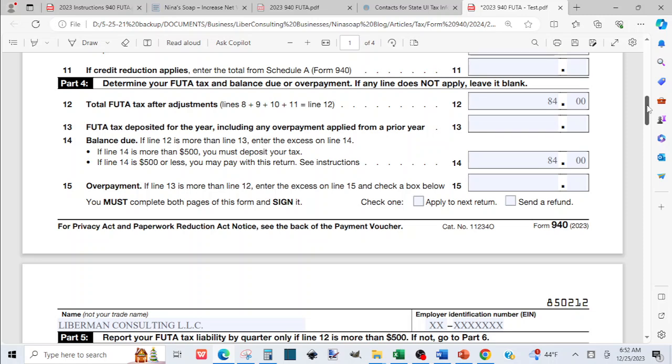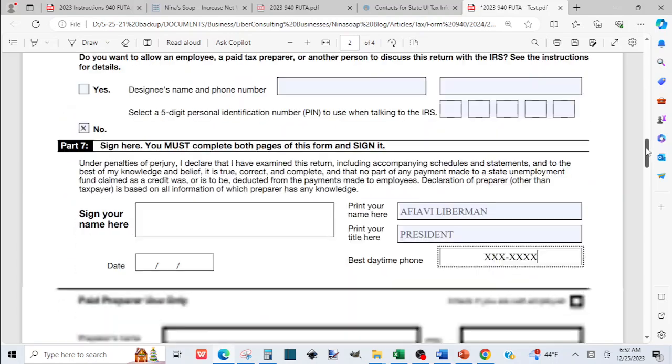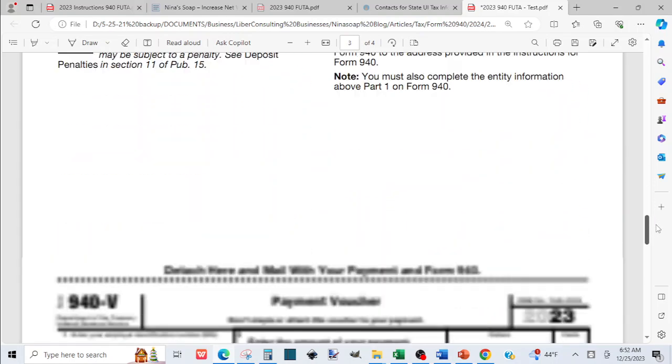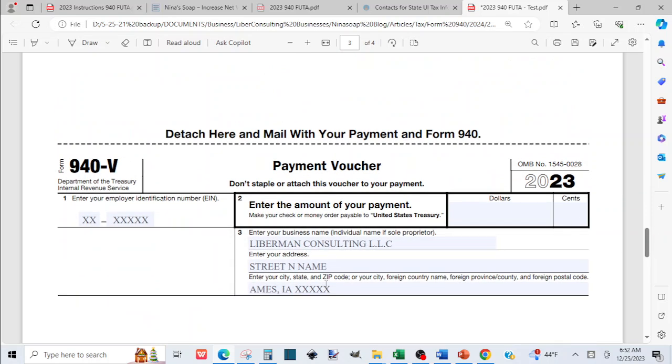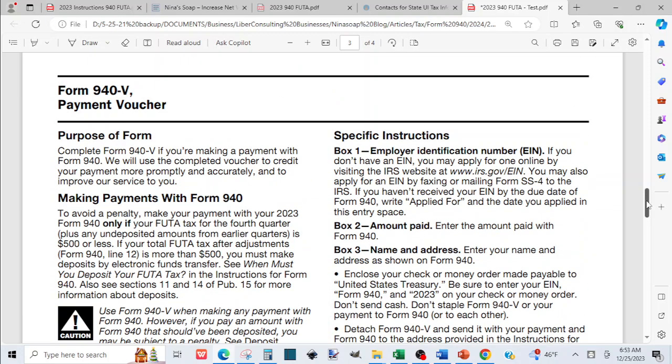But if you want to make the payment with Form 940, then you scroll down to the voucher and you complete it by adding the business legal name, the business address, city, state, zip code, the business EIN number, just like the way you have it on the first page of Form 940, and you add the dollar amount of the payment you are going to include, or the amount you owe, that is $84. And when you complete that, you might want to read the instructions on it.